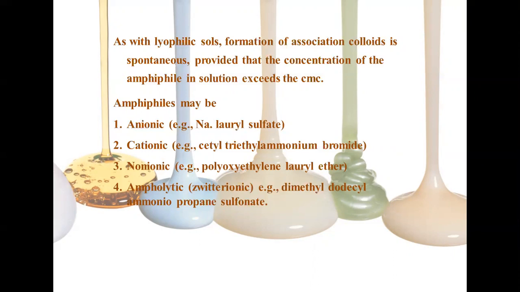I have already told the examples of amphiphiles or association colloids: anionic, cationic, non-ionic, and ampholytic or zwitterionic. Anionic is SLS, sodium lauryl sulfate. Cationic is cetyl trimethyl ammonium bromide. Non-ionic is polyoxyethylene lauryl ether, and zwitterionic is dimethyl dodecyl ammonopropane sulfonate.